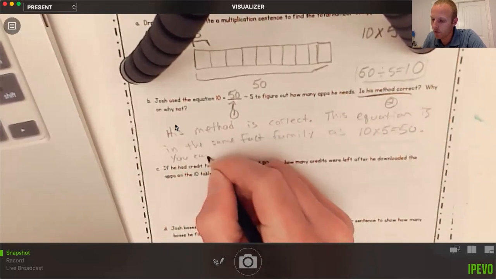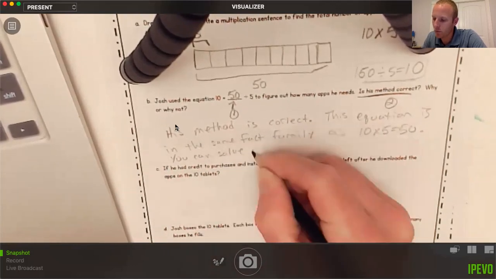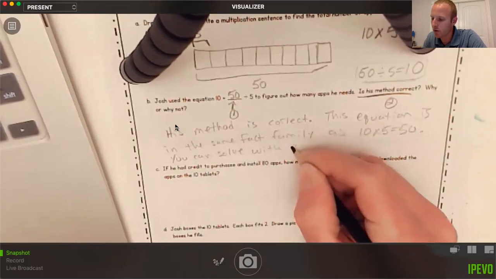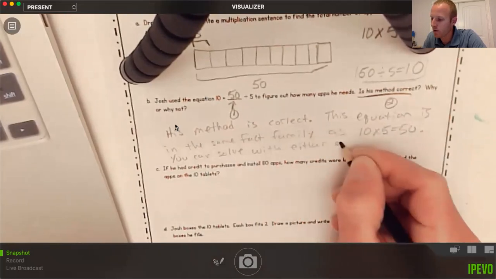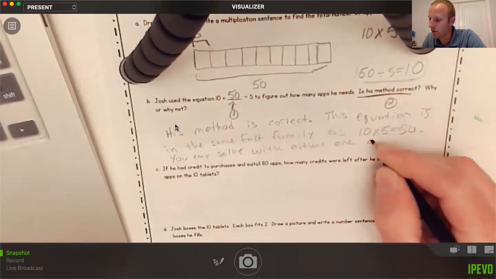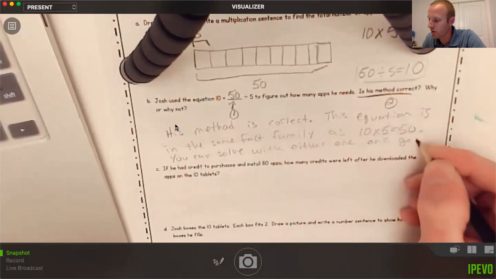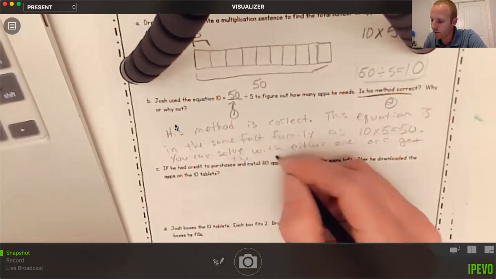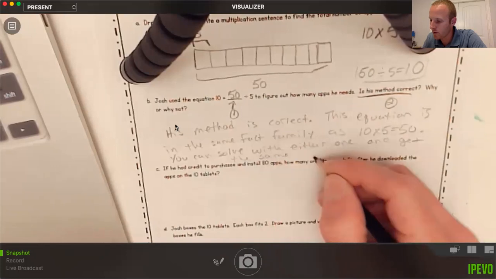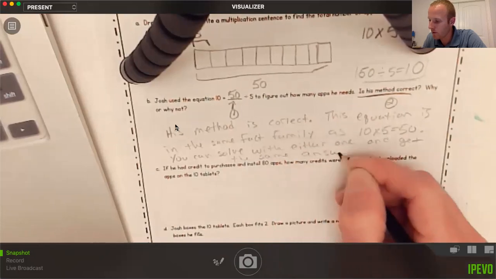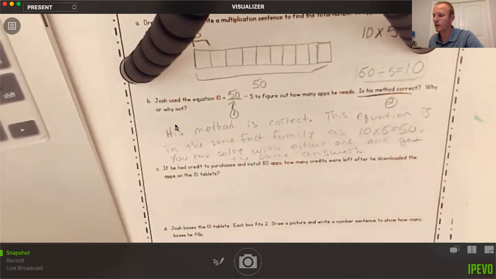You can solve with either one and get the same answers. Okay.